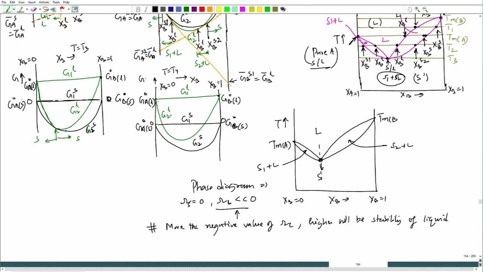Another combination is when liquid solution has much negative omega L, where solid omega is 0. So, in that condition we see two I's are coming, actually a combination of two isomorphous. Okay. So, in fact, if we draw a line like this, one isomorphous is forming this way, another isomorphous is forming this way. Okay.